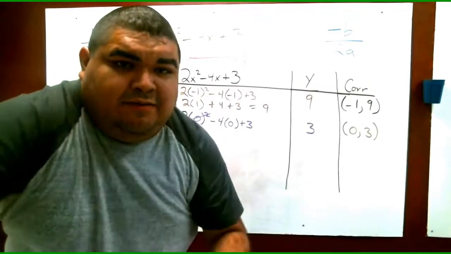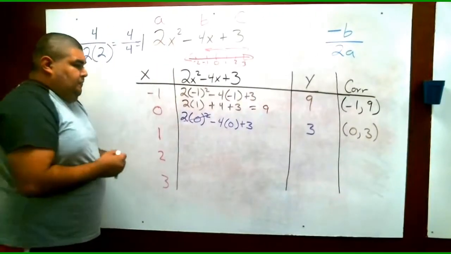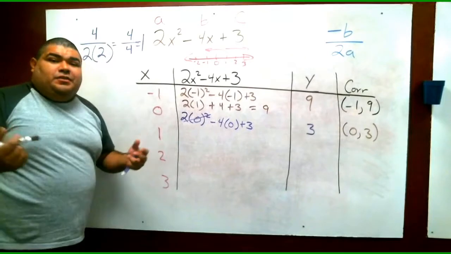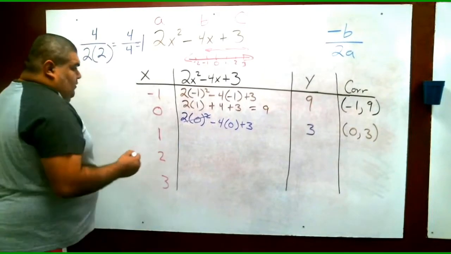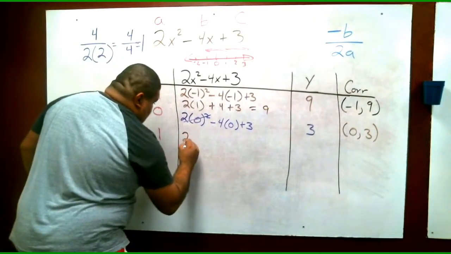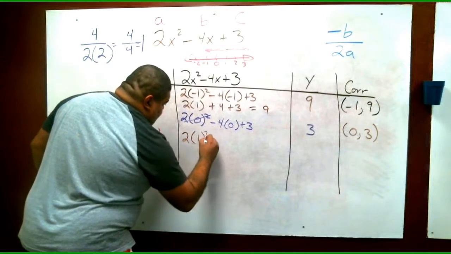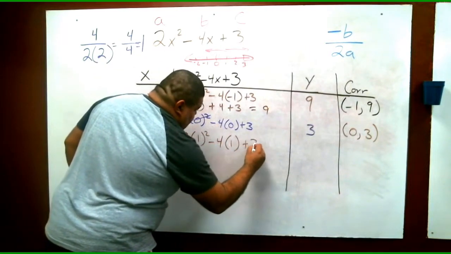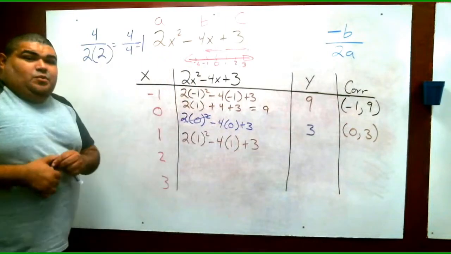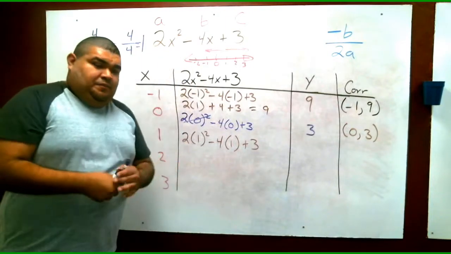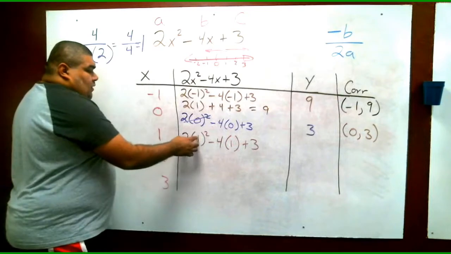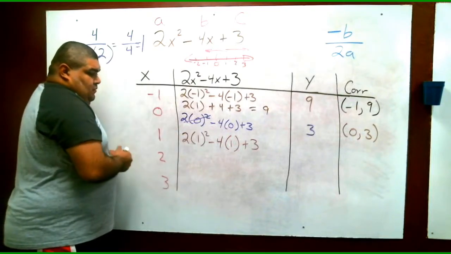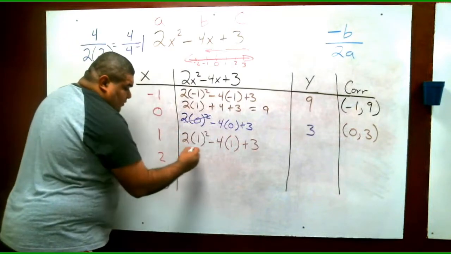Then we have the 1. We have to plug in the 1. So we have 2, 1 squared minus 4 times 1 plus 3. Again, we'll repeat the same thing. We have 1 times 1, which is 1, times 2.